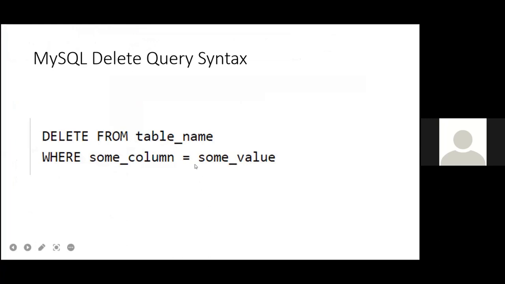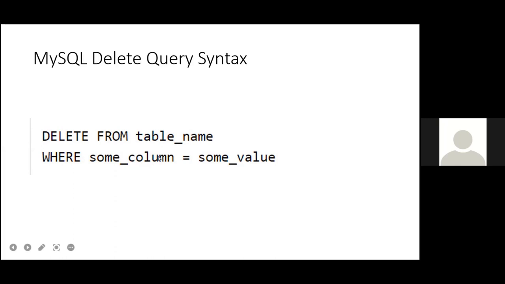Delete query syntax: delete, then from, and your table name. Provide your table name, and definitely you need to have a condition which says which record you need to delete. Otherwise, it will delete all the records in that table. So you don't want that to happen.